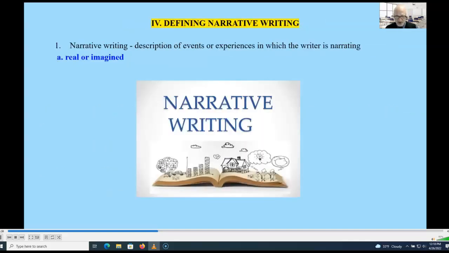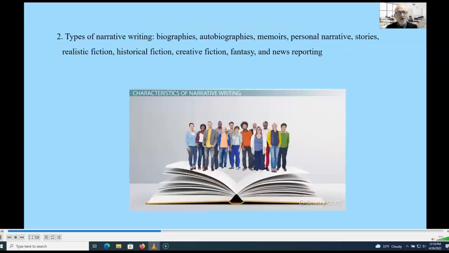Absolutely, absolutely. So let's start by defining our terms. Narrative writing is a description of events or experiences in which the writer is a narrator, hence the term narrative writing. And these events or experiences can be real or imagined. Now, here are some of the types of narrative writing: biographies, autobiographies, memoirs, personal narratives, stories, realistic and historical fiction, news reporting.